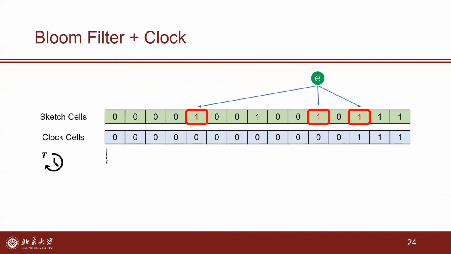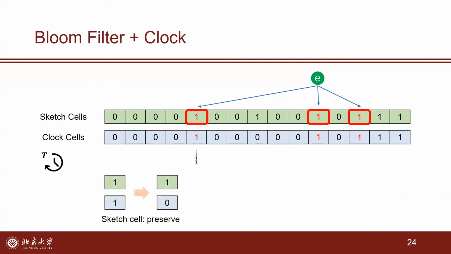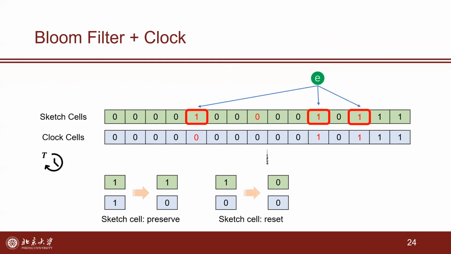After flipping the Bloom filter bits to 1 and the clock cells also to 1, the clock hand traverses a 1-1 pair and it preserves the Bloom filter bit but cleans the clock cell. And when it traverses a pair where the clock cell is 0, it resets the sketch cell, which is the Bloom filter bit, to 0. And also, when it traverses a 0-0 pair, it simply does nothing.